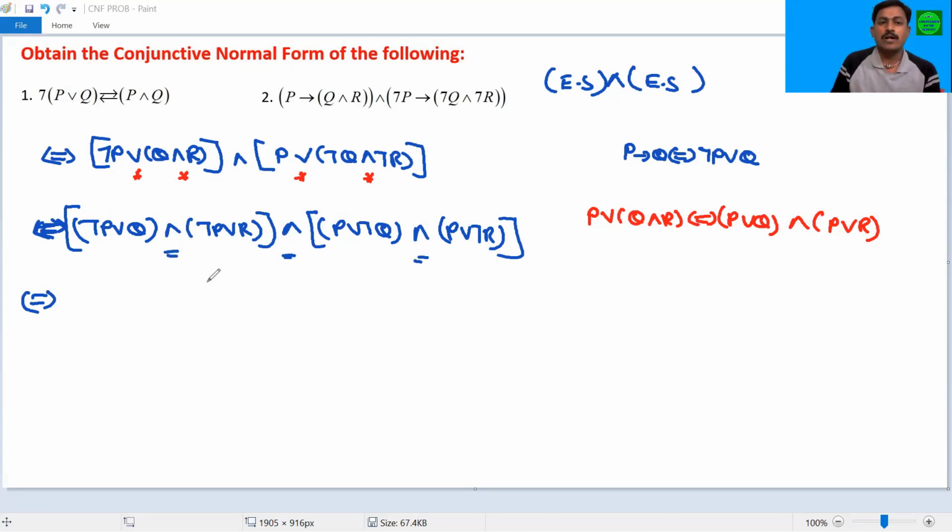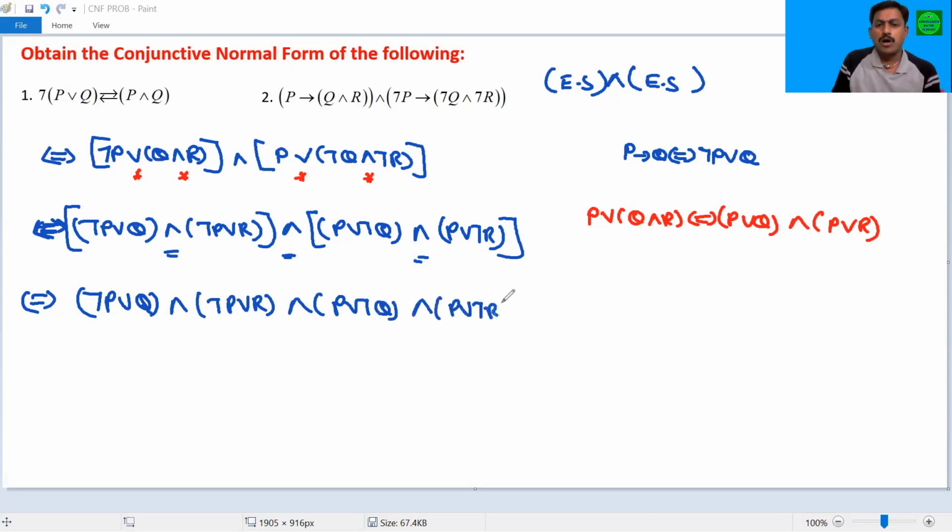Therefore it is our required conjunctive normal form. We can write this as (not P or Q) and (not P or R) and (P or not Q) and (P or not R).